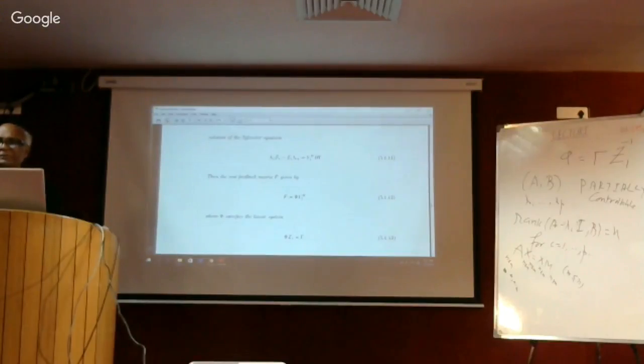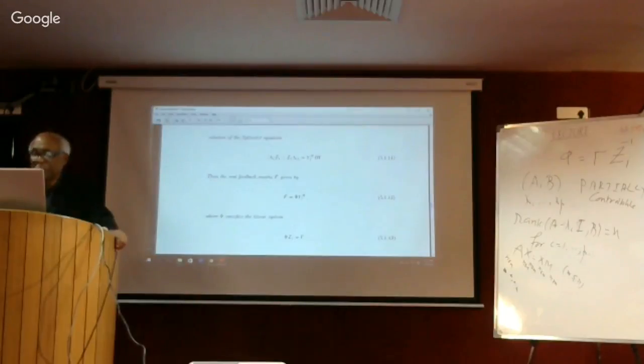What is that? Gamma. The gamma is arbitrary. So this gives you a parametric family of solutions. Every choice of gamma will have a unique feedback matrix that will solve the partial eigenvalue problem.